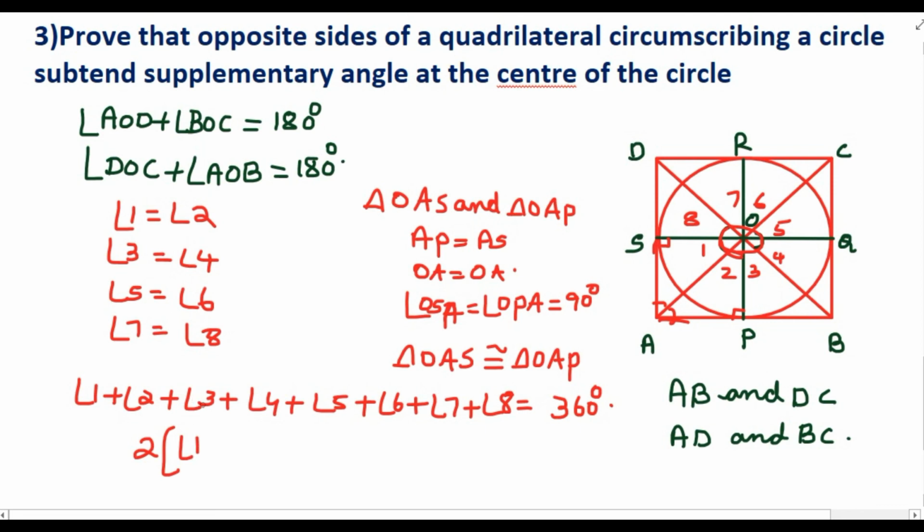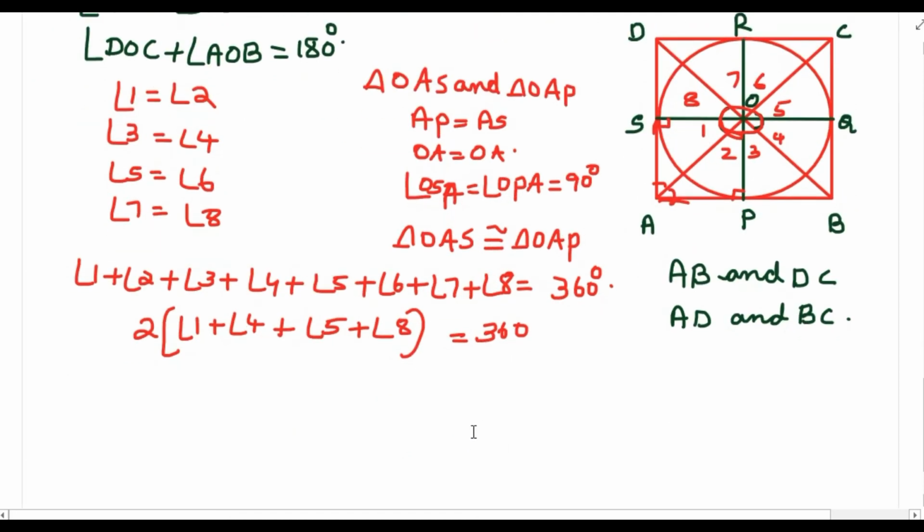Again angle 3 equal to angle 4, so I can write it as angle 4. Again angle 5 is equal to angle 6, so I'll write angle 5, and replace the last by angle 8. So this is equal to 360, or we can say that angle 1 plus angle 4 plus angle 5 plus angle 8 is equal to 180 degrees.